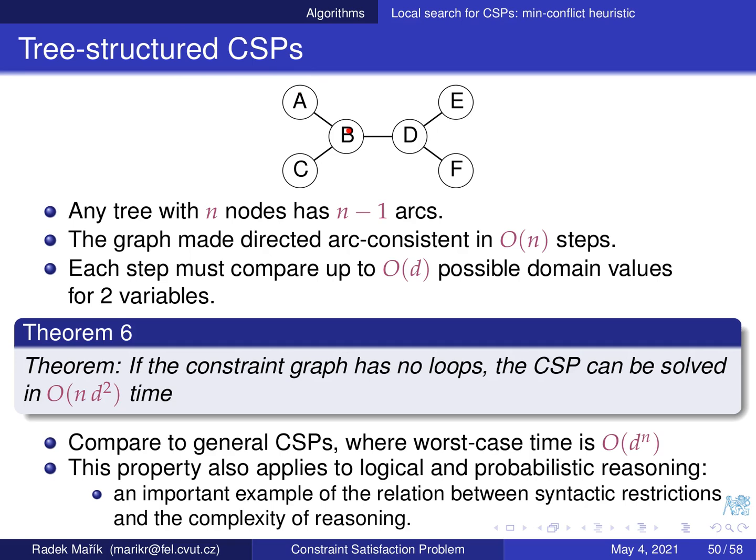So basically, we have n variables represented as n nodes, and as a tree property, we have just n minus 1 arcs between those nodes. And I will show you in the next slide that using directed arc consistency, we are able to solve it basically in linear time, or let's say this kind of time.